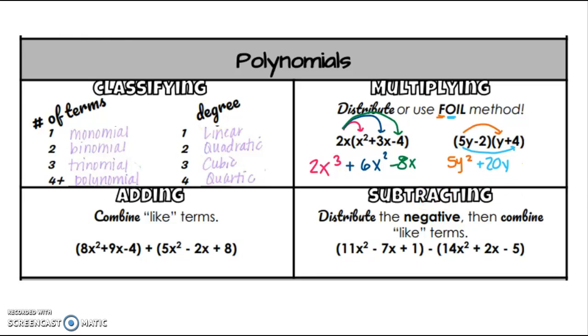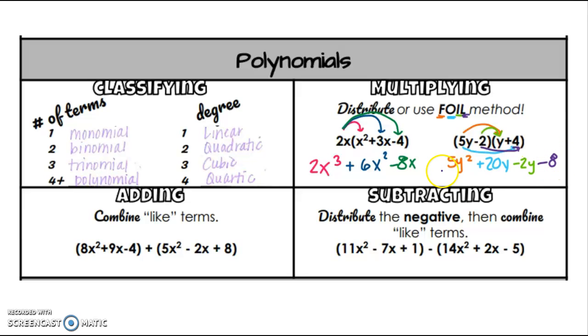The I in FOIL stands for inside. That's the negative 2 and the y. And then the L in FOIL stands for last. That would be the negative 2 and the positive 4.